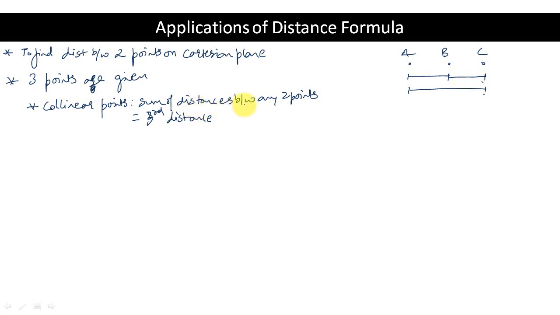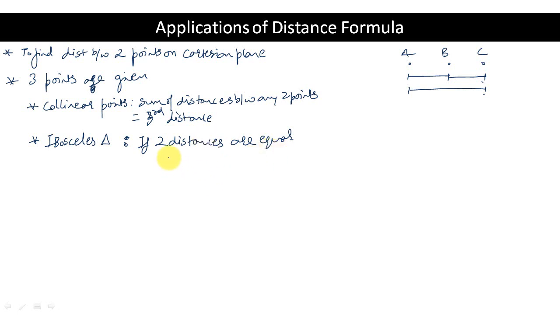So if the sum of distance between any 2 points is equal to the third distance, then the points will be collinear. Next, isosceles triangle. The condition for an isosceles triangle is if two distances are equal, then it will be an isosceles triangle.